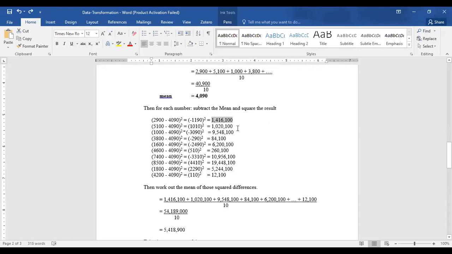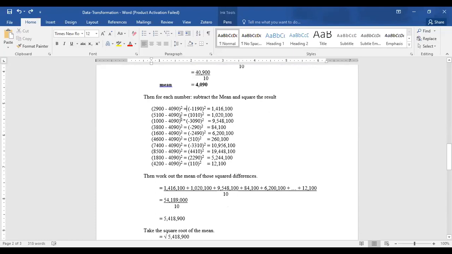So that is the squared difference from the mean for the first value. Just like the first value, class, we have to compute the other values too: subtract the mean and square the result.